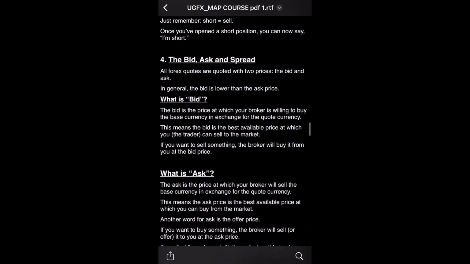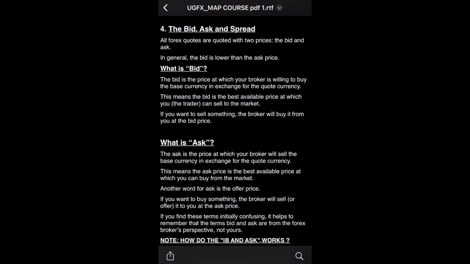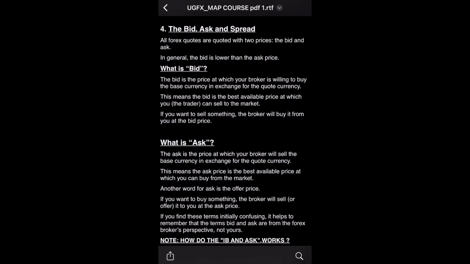Remember, if you are buying the base currency, that means the counterpart, or the quote currency, is going on sale. Once you are buying the quote currency, remember that the base currency is going on sale. That is, you are making an assumption that the base currency is going down while the quote currency will be going up.